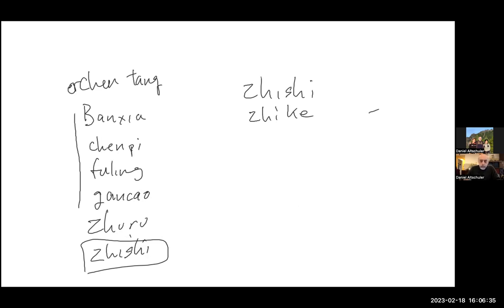Zhishi compared to zhike, the differences noted there are a few in your textbooks. You should see them. But one of them is that zhishi is very strong and very harsh, whereas zhike is a little bit more mild and calmer. So that's one noted difference.